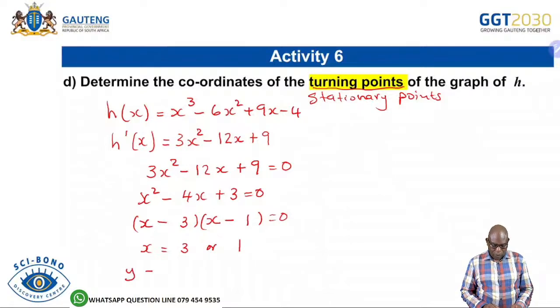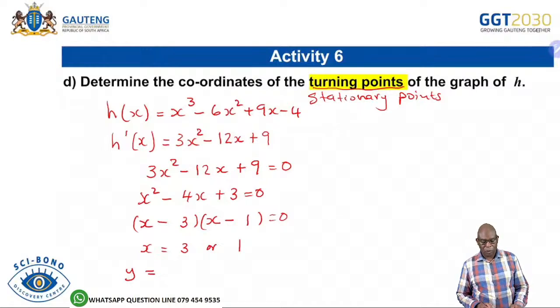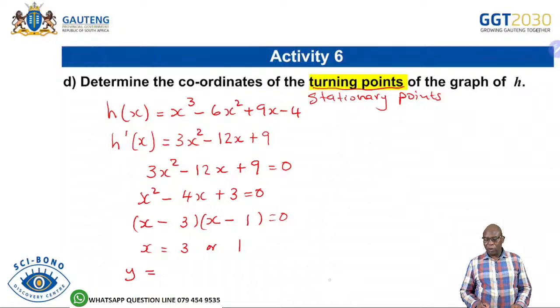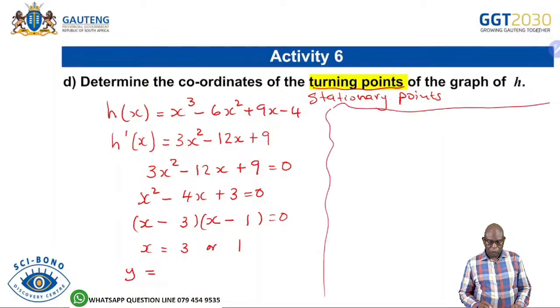Now I need the corresponding y values. It means that now I must substitute the value of x by 3. So I'll have 3 cubed minus 6 into 3 squared plus 9 into 3 minus 4.